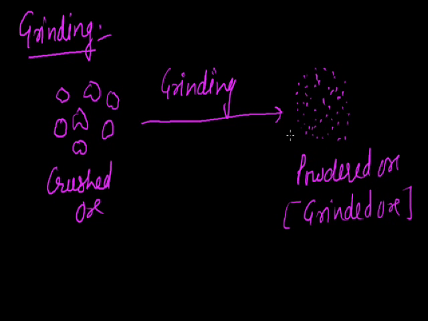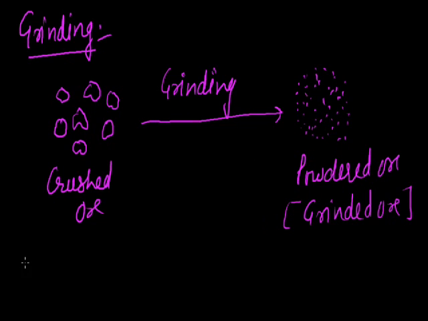The particle size of ore needs to be reduced, because when the particles are converted to a small size, the surface area of the particles will be enriched. So the surface area will increase, and then the reaction tendency will also increase, or the speed of reactions will increase, because a reaction depends on collision and also on the surface area of the reactant.